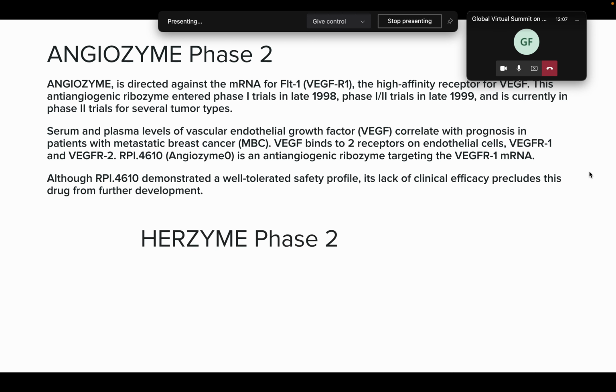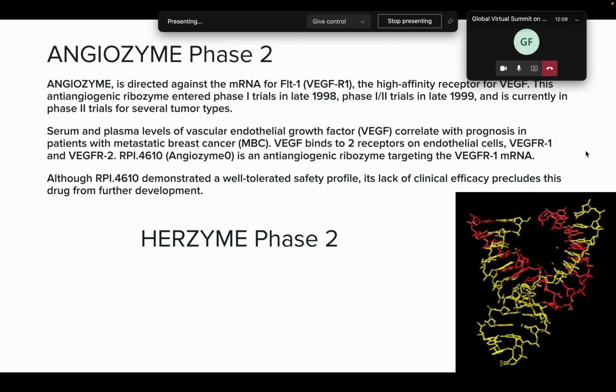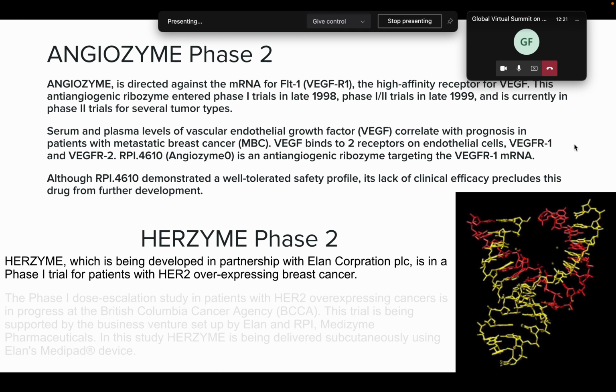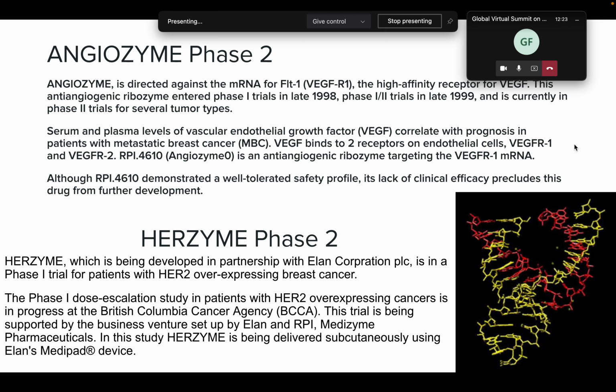The same company made Herzyme phase 2, and there's a nice little structure of the Herzyme. So this was being developed in partnership with Elan Corporation in a phase 1 trial for patients with HER2 overexpressing breast cancer.